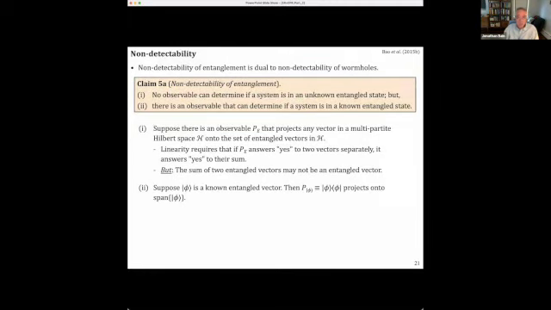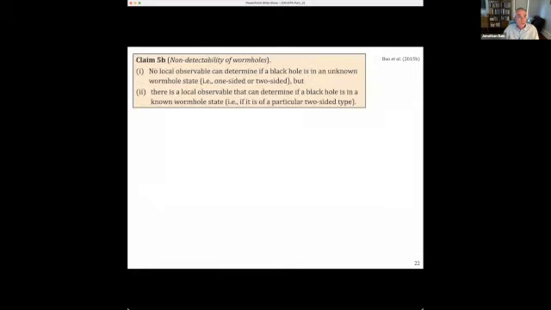So that's the sense of non-detectability of entanglement that Bao et al. refer to. And now their claim is there's an analogous sense of non-detectability in the wormhole context. So let's call this non-detectability of wormholes. Their claim is, again, a two-part claim.